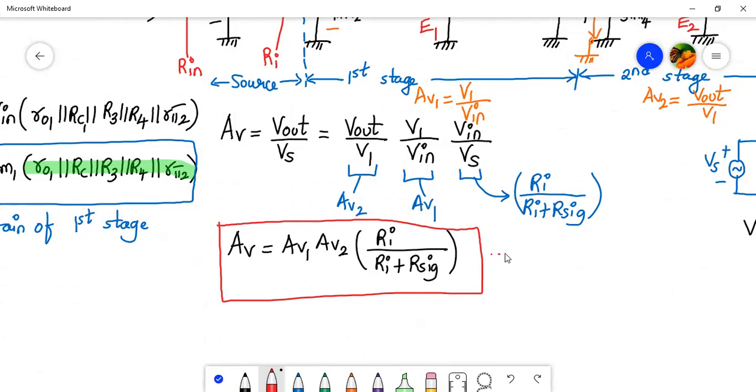So here this is the overall voltage gain of the CE-CE cascade amplifier, CE-CE cascade stage.